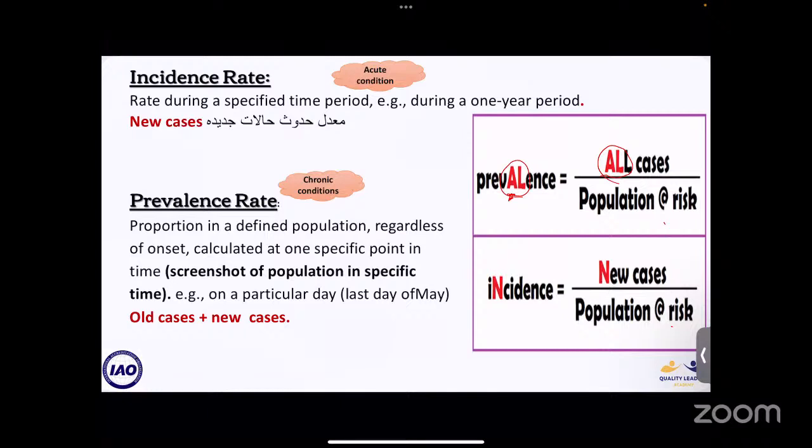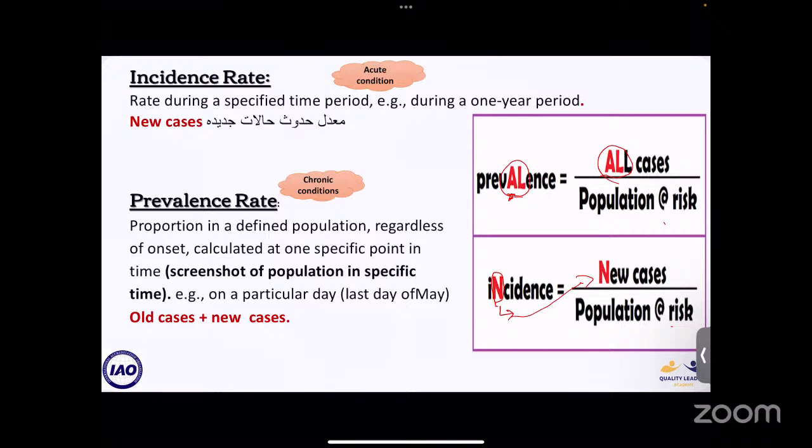When you want to get the incidence rate, we have the N, which stands for new cases over population at risk. Okay, this is only to help you recall. So the difference between these two: incidence measures the new cases within a specific time period, while prevalence measures all cases, either new plus old, within a specific time period.